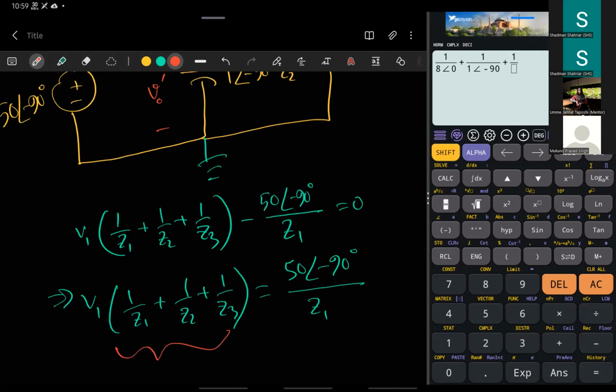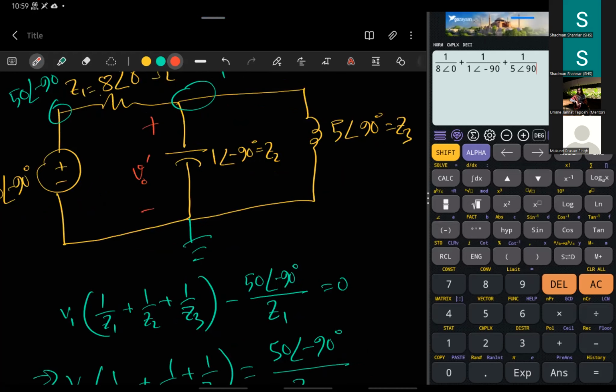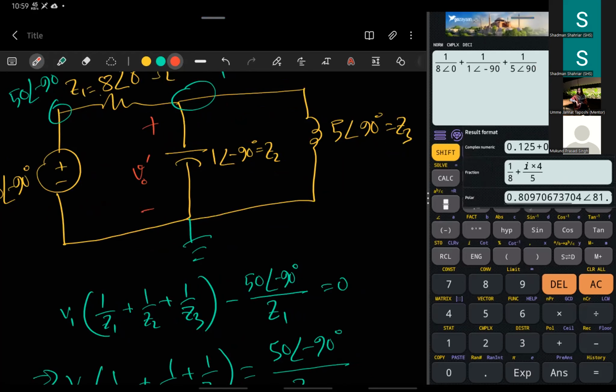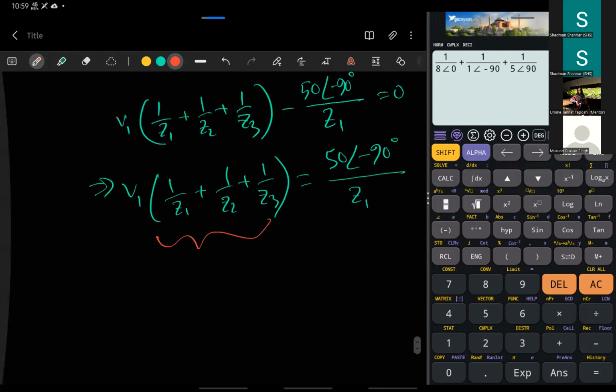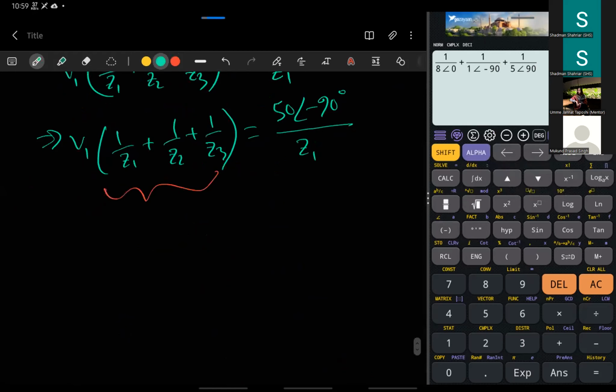The polar form is quite difficult to see, but it is 0.8 angle 81 degree. So V1 times 0.81 angle 81 degree. I think this was the value.